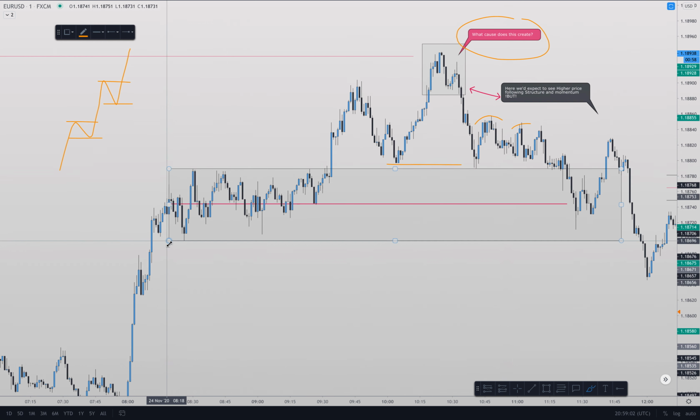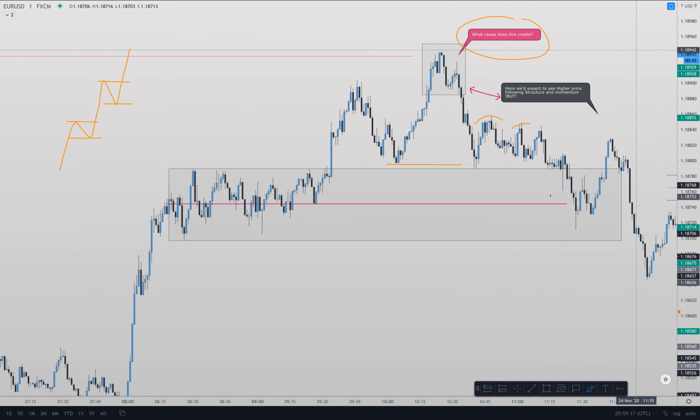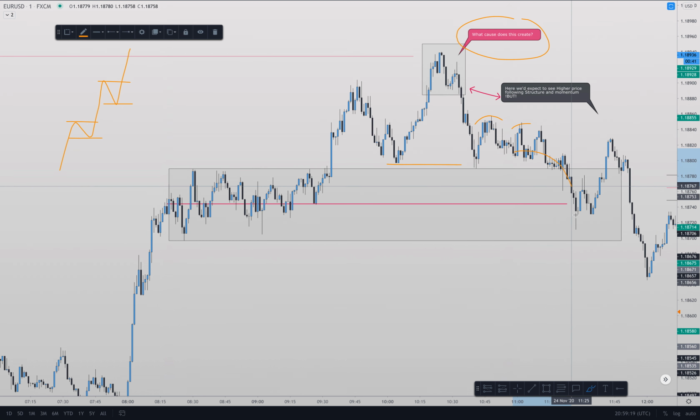Well, understand, if this was BFI activity here to initiate higher prices, then we should see a continuation of that direction. But what happens is price moves into there, moves away, and then obviously completely wipes out this zone.